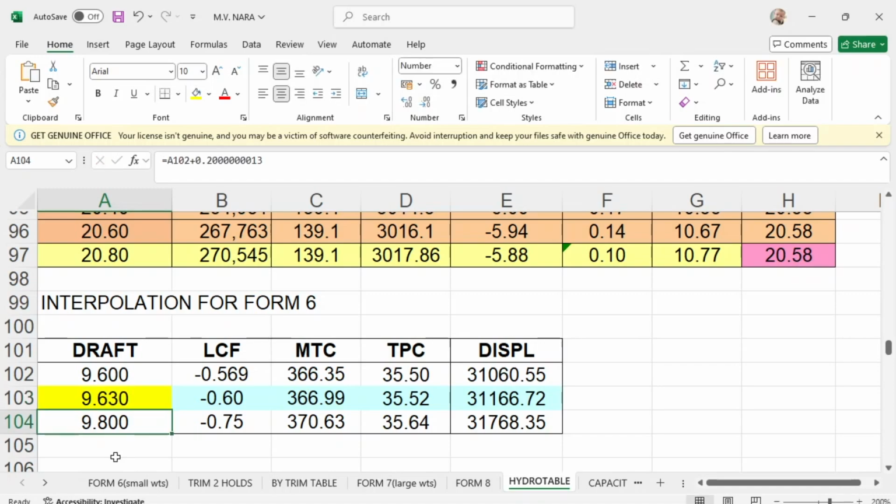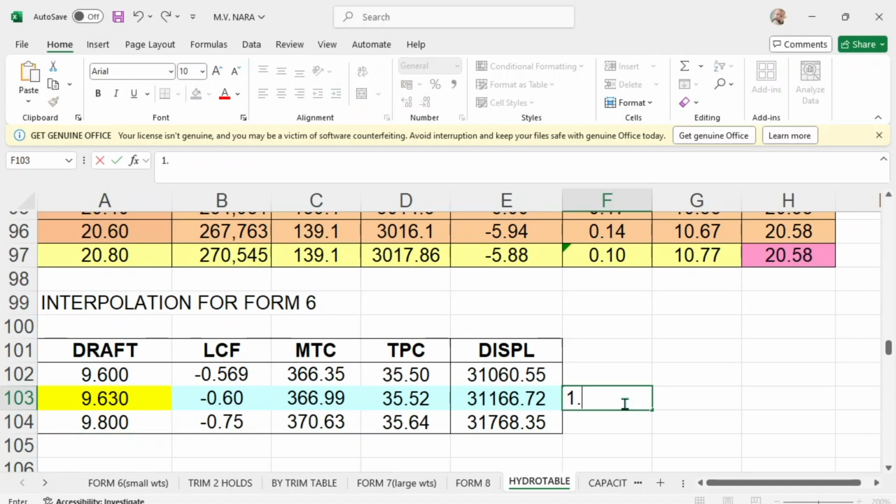Then this will be your density of 1.014. With this density of 1.014, your displacement will be 31667.2.